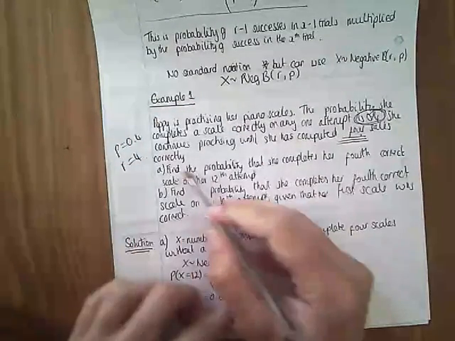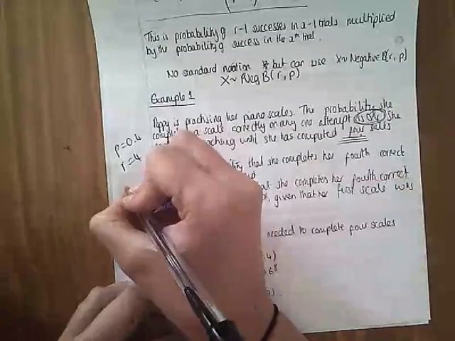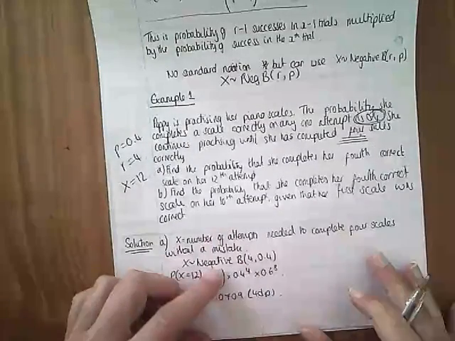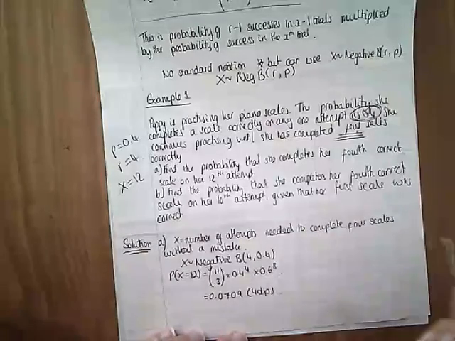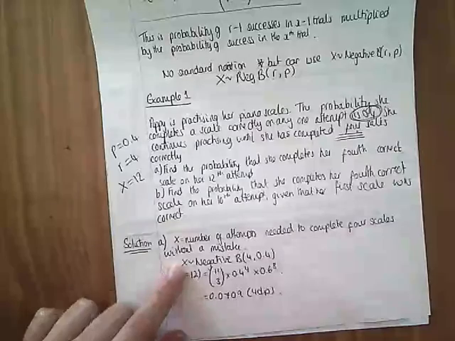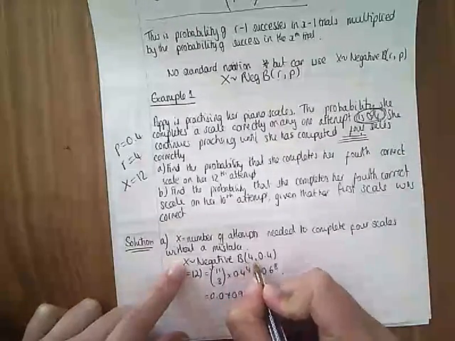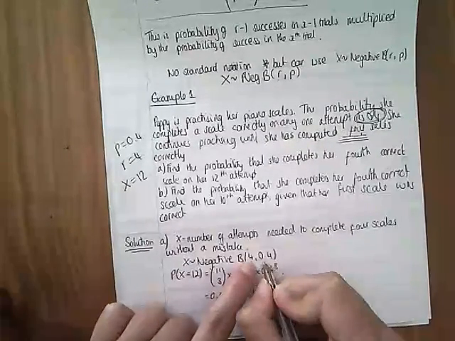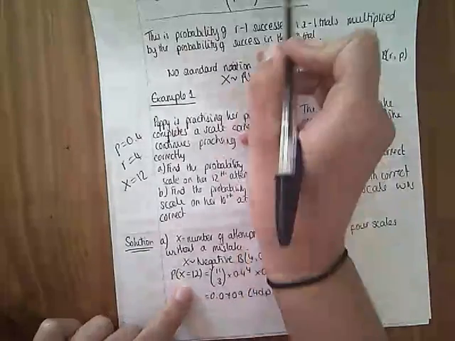Find the probability that she completes her 4th correct scale on her 12th attempt. So that means our X is 12. Okay, here we go then. So X is referring to the number of attempts needed to complete 4 scales correctly. This means, don't forget to set up your distribution. You get a mark for setting up your distribution. X is negatively binomially distributed with R is 4, that's our required successes, and p is our constant probability of success. Okay, we are then going to use this formula up here.